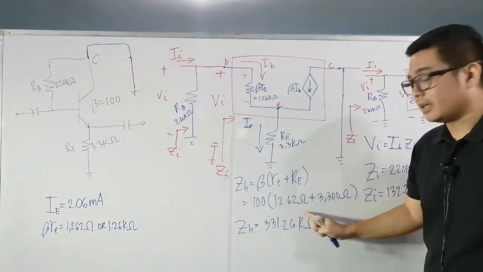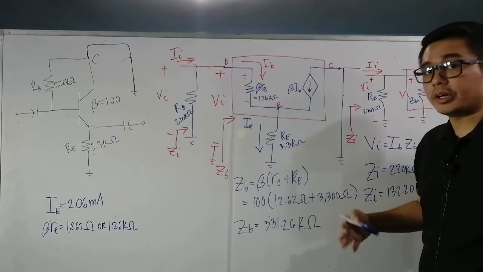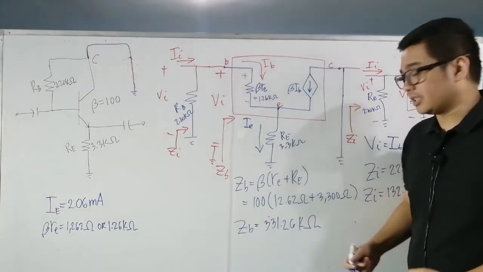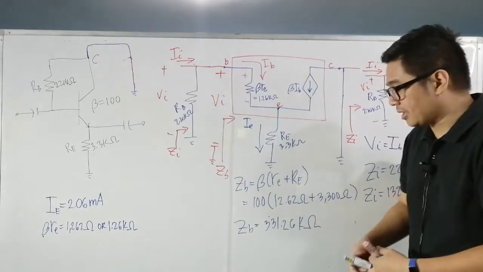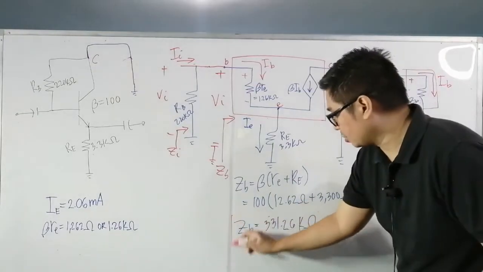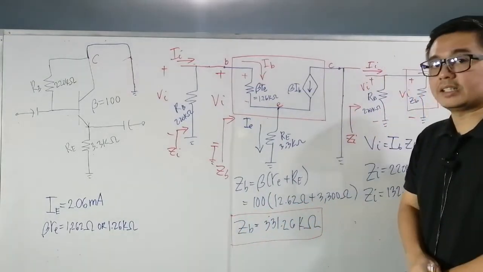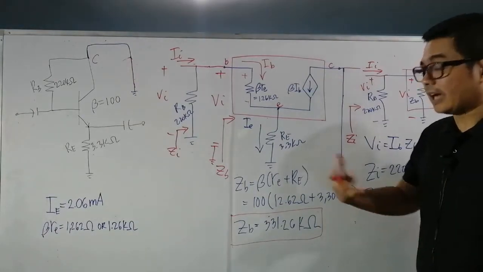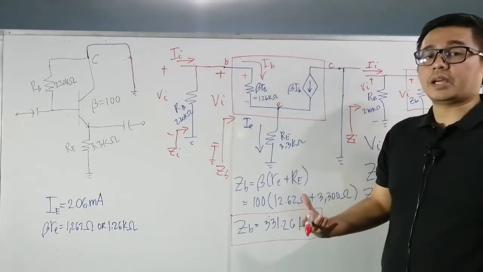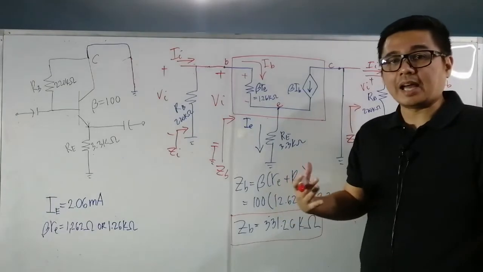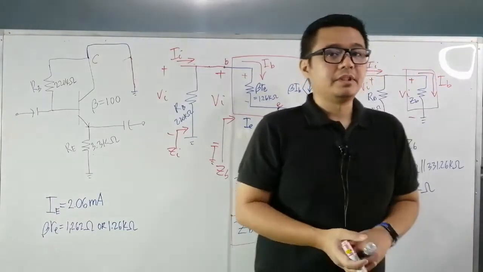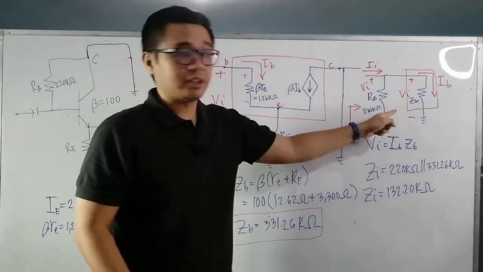So, kinakailangan parehong naka-ohms or naka-kilo ohms bago natin sila i-add. Z sub B is equal to 331.26 kilo ohms. Now that we have solved for Z sub B, we can now solve for Z sub I or the input impedance. Babalik tayo dito sa diagram na to.